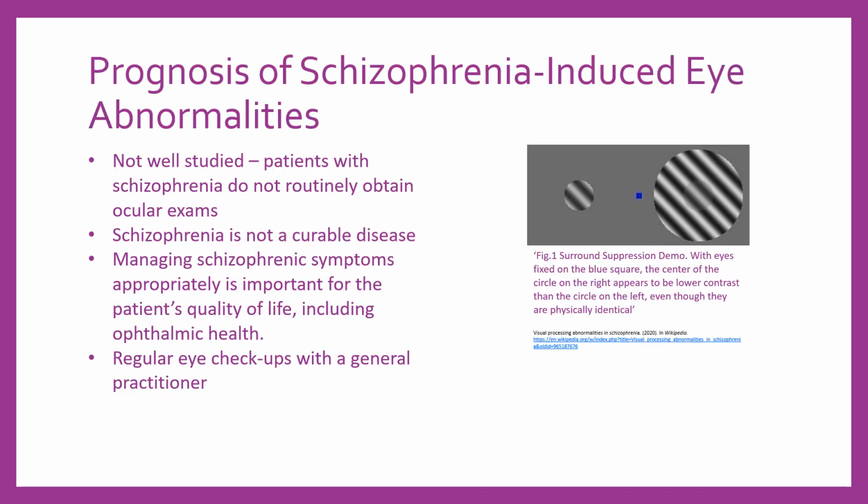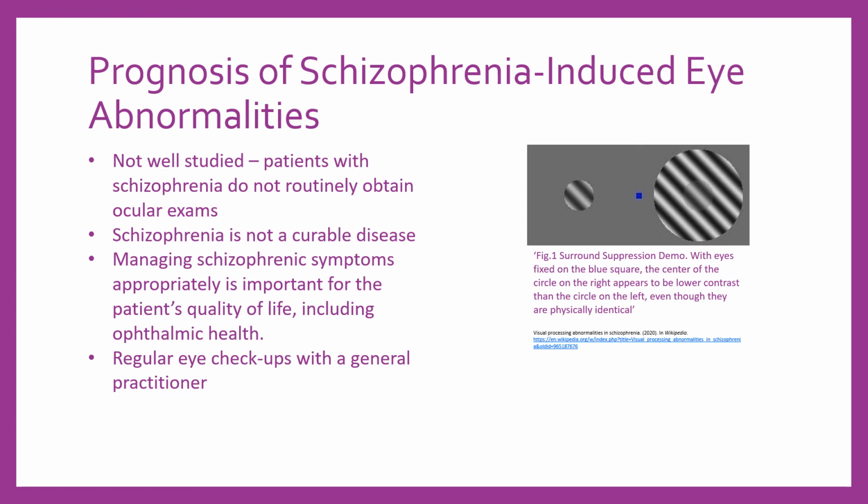Unfortunately, the prognosis of the eyes during schizophrenia has not been well studied. The patients are not aware of the link between schizophrenia and the eyes, and because this is not well studied, they tend to not regularly obtain ocular exams. It is also important to note that schizophrenia is not a curable disease.